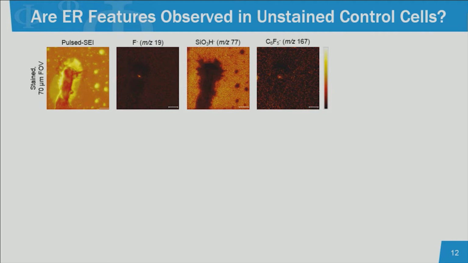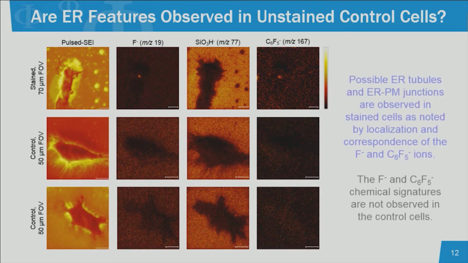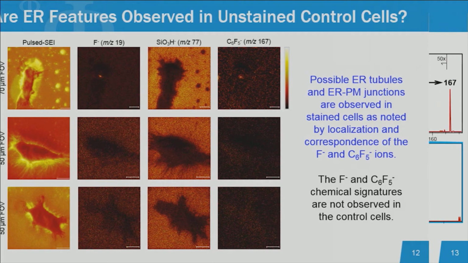And then, of course, we wanted to look at control cells to make sure that in cells that are not transfected and not stained, we're not seeing similar features. Those are all blank. And so we have high confidence that the fluorine and the pentafluorophenyl anion are arising solely from the ER tracker stain molecules.